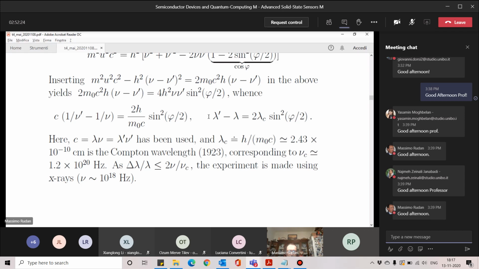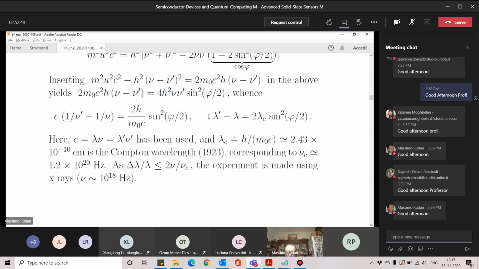Lambda prime is the wavelength that corresponds to ni prime. Of course, lambda prime is larger than lambda because ni prime is smaller than ni. So the variation in the wavelength is equal to 2 times some constant wavelength that is indicated below.